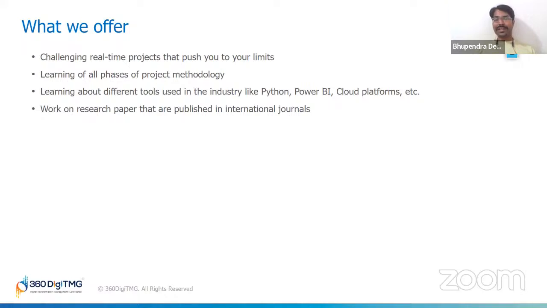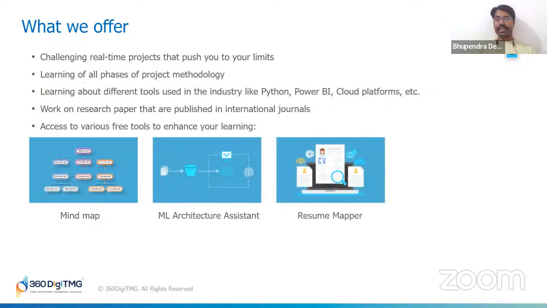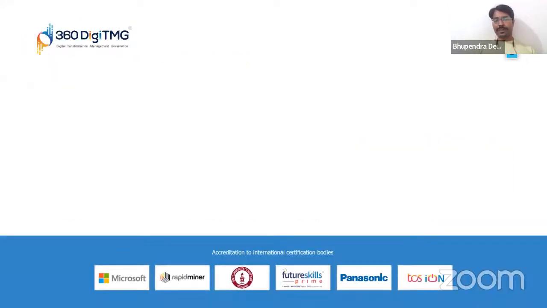Isn't it really exciting? We also have access to various free tools to enhance your learning, like Mind Map, ML Architecture Assistant, Resume Mapper, and Animated Learning.